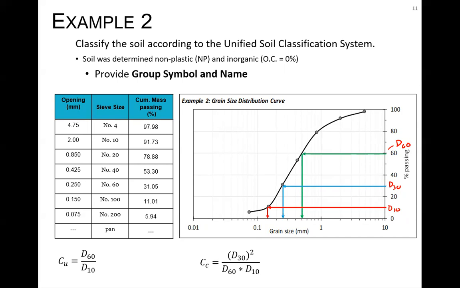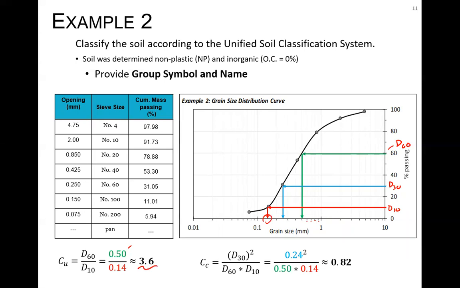So this is when we have to kind of eyeball it and guess here, but if our D60 is about 1, 2, 3, 4, or 2, 3, 4, 5, so it should be about 0.5. And then our D10 should be somewhere about 0.14.